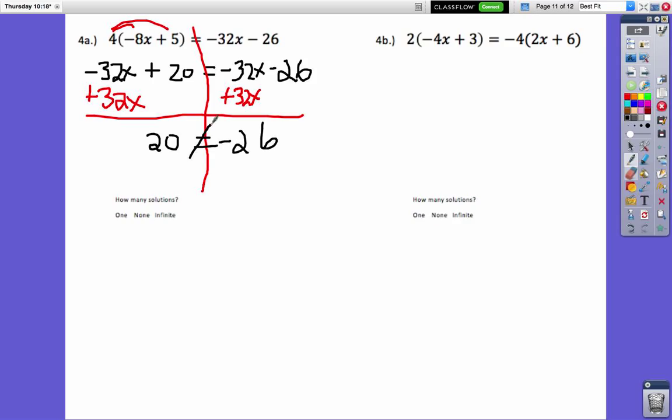Now we know that is not true, so therefore there are no solutions to this equation. No matter what number we plug in for x, we cannot balance both sides of this equation. There is no solution to this equation. Press pause and finally try 4b on your own, and then you are done.